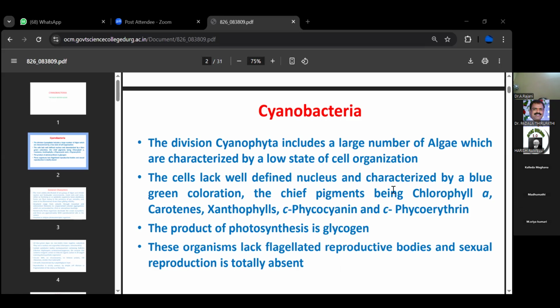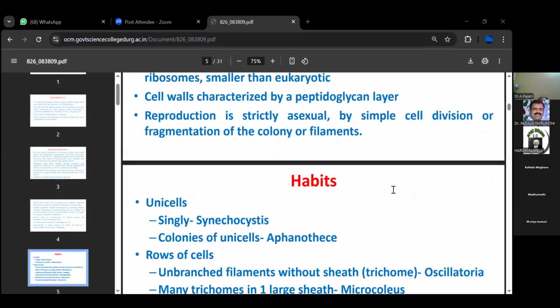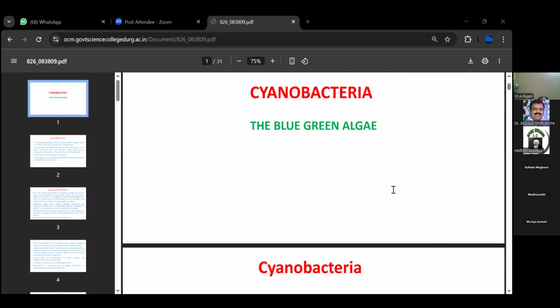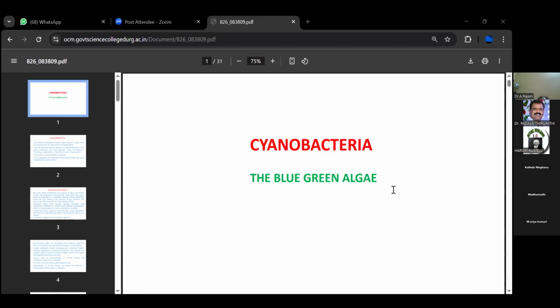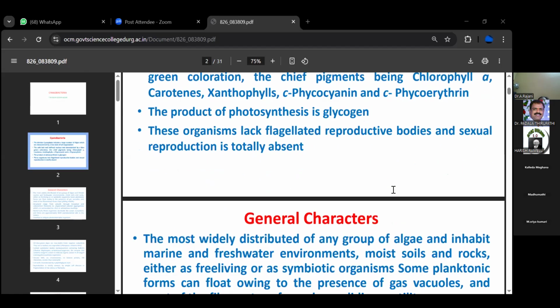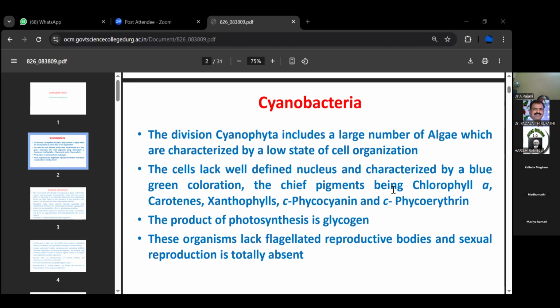Here, another very important point: each and every class, some pigments you have studied, no? Here also, chlorophyll A only is present. What type of pigment is there? Chlorophyll A and green coloration.